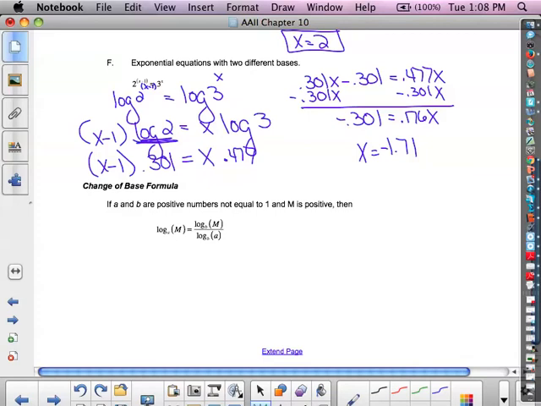So in your calculator, if you had something like log base 6 of 9, you would use base 10 and make this log base 10 of 9 divided by log base 10 of 6. And that's how you could find 6 raised to what power gives you 9.